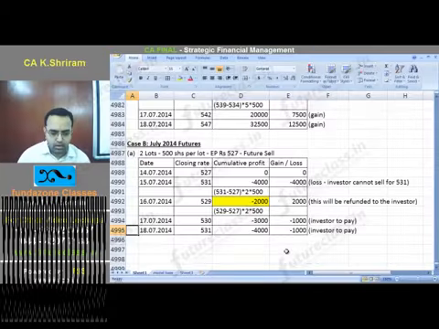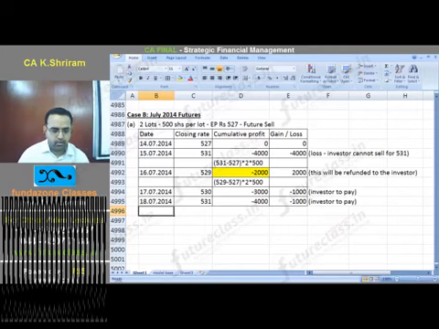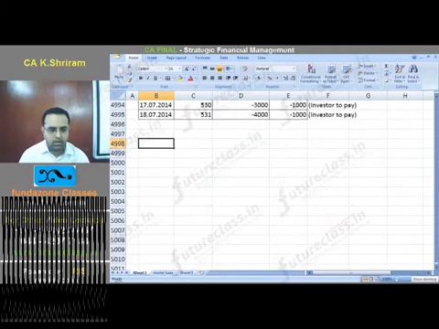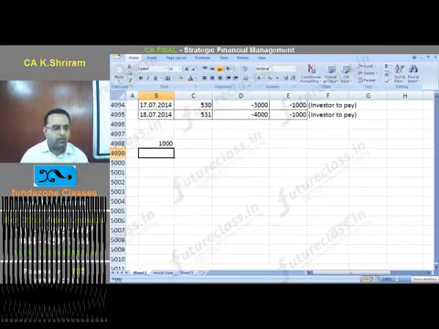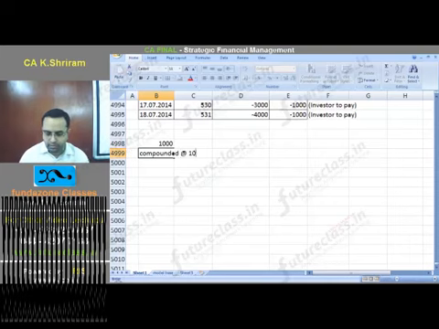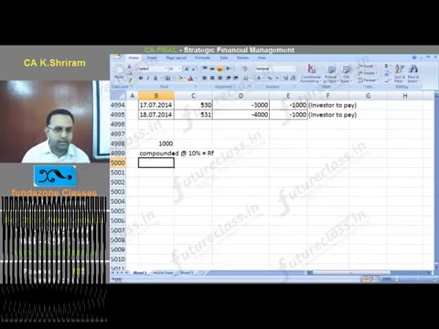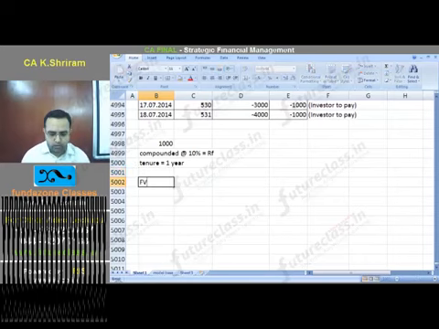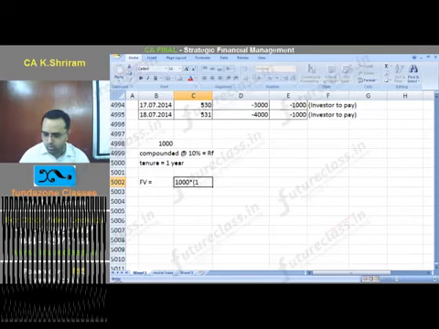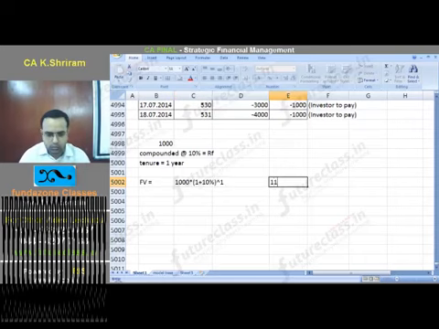Now understand this example. Say I am investing 1000, compounded at 10%, which is the RF, for example, and the tenure is 1 year. So what will be the future value? It's 1000 into (1 plus 10%) to the power 1, which is 1100.